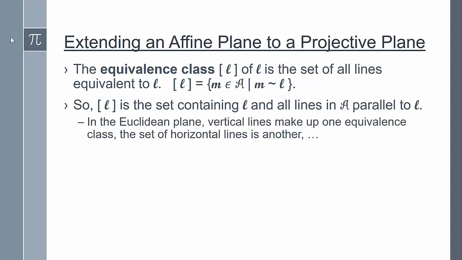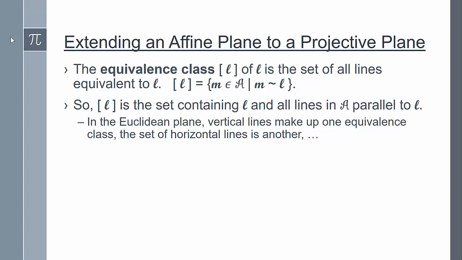So think about the affine plane as the standard Euclidean plane when viewed as an incidence geometry model. Equivalence classes are essentially parallel classes. So all the lines that are parallel or equal are in one equivalence class.